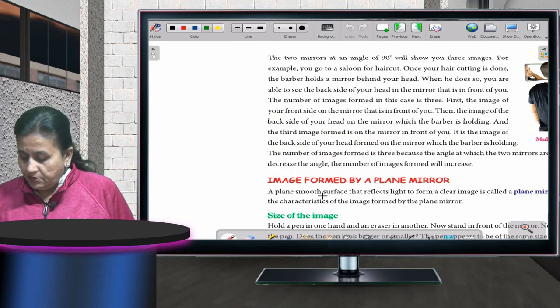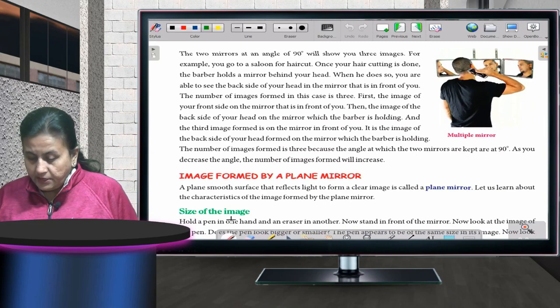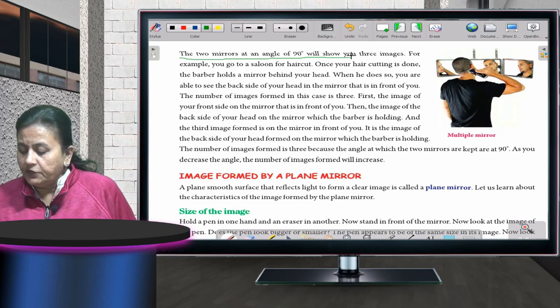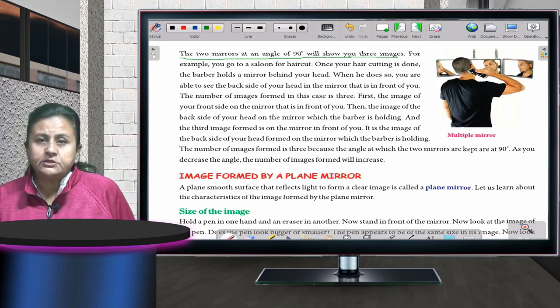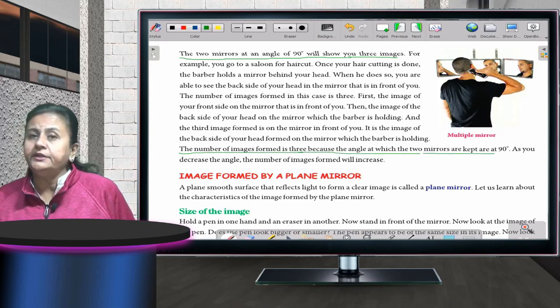I told you just now that 2 mirrors at an angle of 90 degrees will show you 3 images. I gave you an example of the barber shop. So we can conclude that the number of images formed is 3 because the 2 mirrors are at 90 degrees.